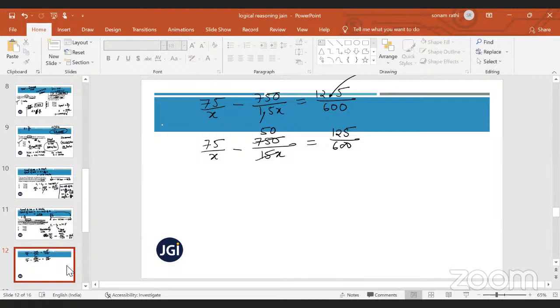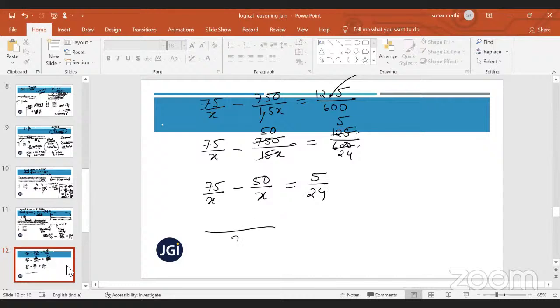Okay. And can I divide this by some number? I can divide both numbers by 25. 125 divided by 25 is 5. And 600 divided by 25 is 24. So now 75 upon x minus 50 upon x is equal to 5 by 24.